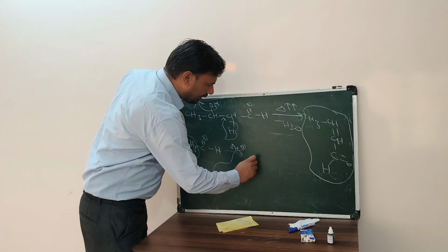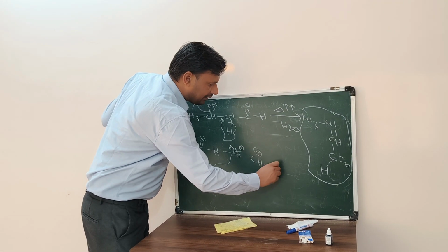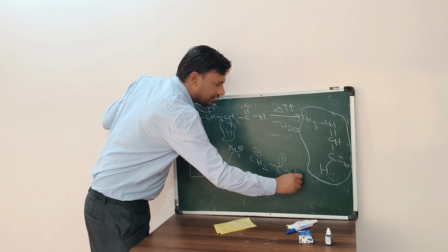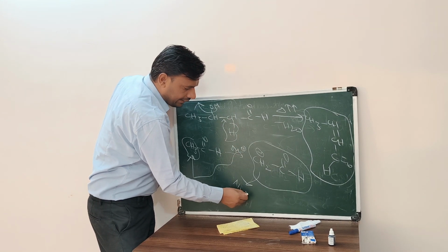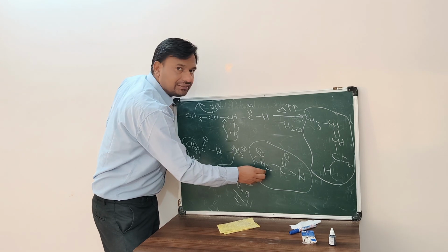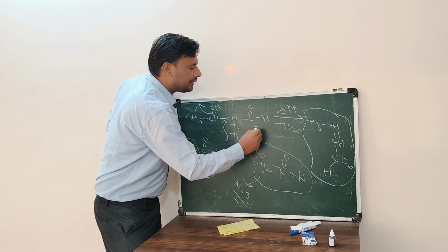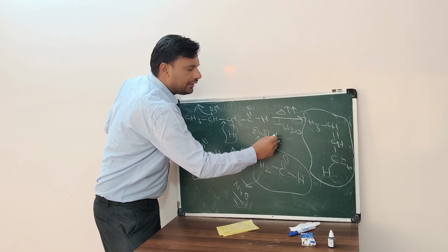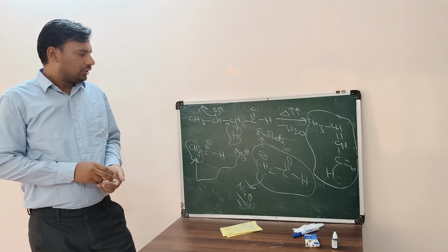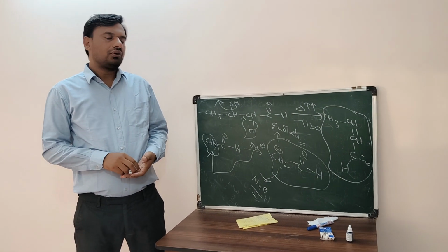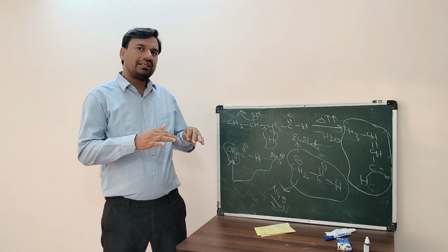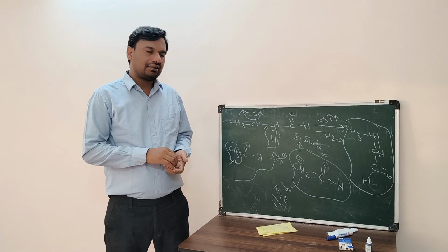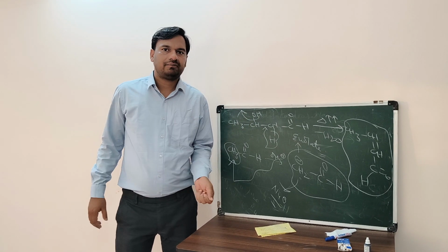So whatever nucleophile we are making in this aldol condensation reaction, this is acting as a nucleophile. This species is called enolate. Enolate. Students, you must understand this. So we can always learn like this when two compounds react with each other and make the product. Okay, students. Thank you.